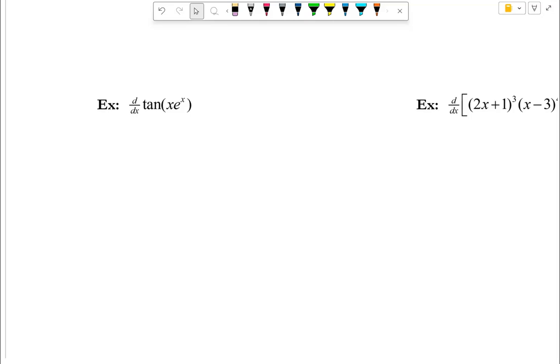This is a composition with the product rule on the inside, as opposed to a product with a composition on the inside. So if I were to think about it, my composition is that I'm taking the derivative of the tangent of some junk. And since that junk isn't just x, I've got to think, what is that composed with? That junk is the product of x times e to the x. So we just have to be real careful here.